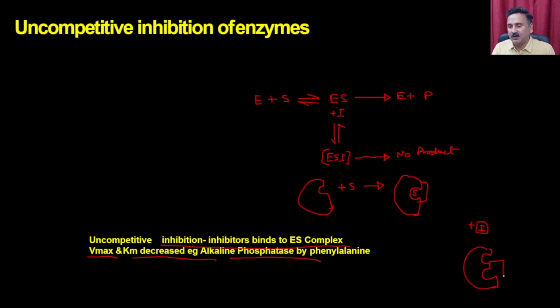So on this active site you have the substrate, and on this additional site you are going to have the inhibitor. So basically when the substrate binds, it actually creates the inhibitor binding site, and that's how the inhibitor is going to bind.